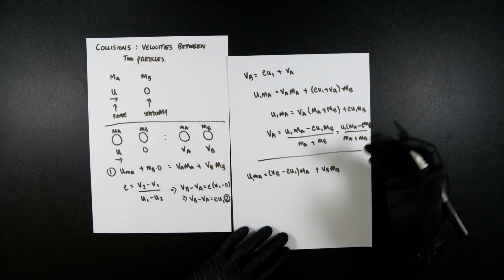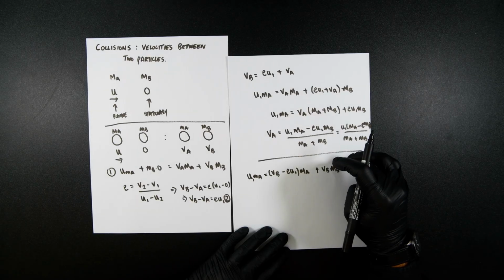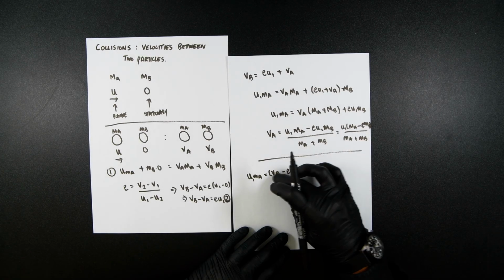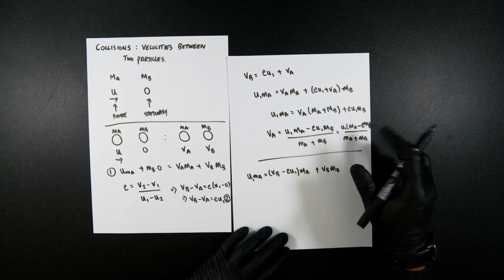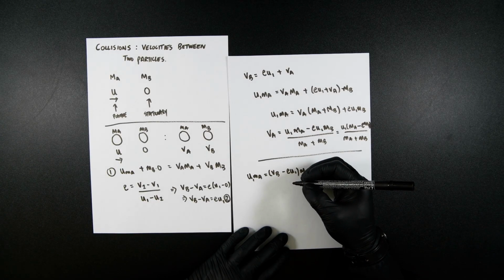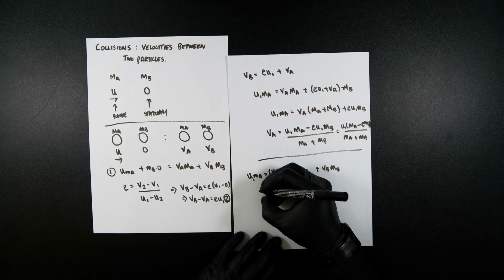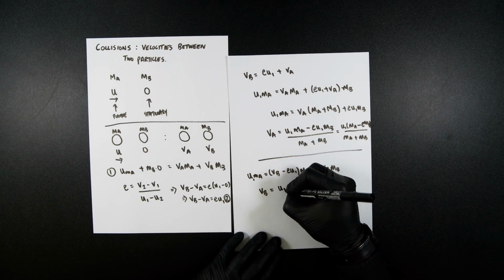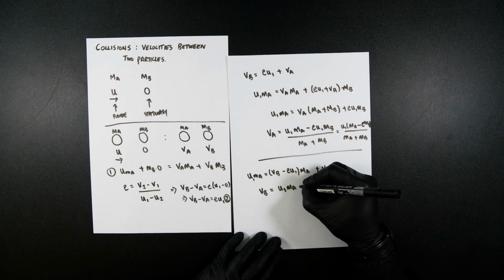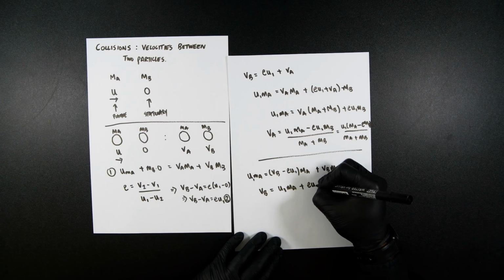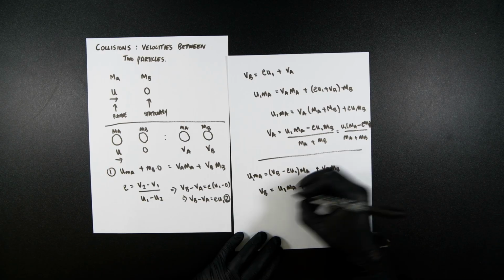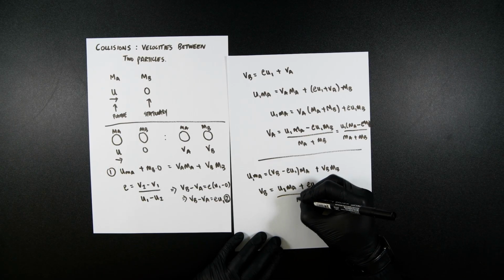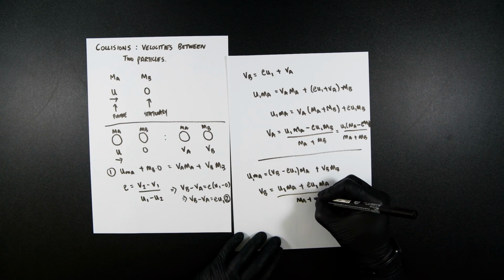Now again, we want to rearrange so that the VBs are on one side. So we're going to expand this firstly, and then we will subtract and divide on both sides. If we do that, we should get VB equals u1 MA plus e u1 MA, over MA plus MB.